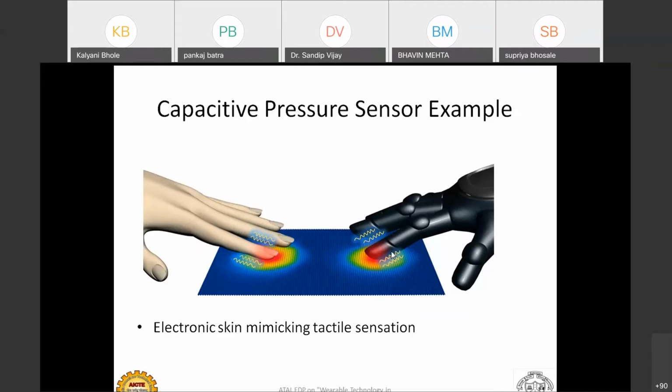Now coming to the biomedical or medical application in healthcare, where this electronic skin can be used. One example I can discuss is, say, in India, specifically in rural India, the healthcare scenario is very poor. In urban areas, healthcare is much improved compared to rural areas. They don't get that much healthcare support.